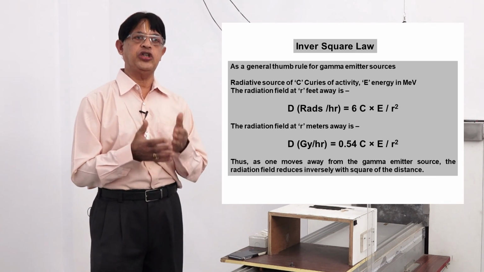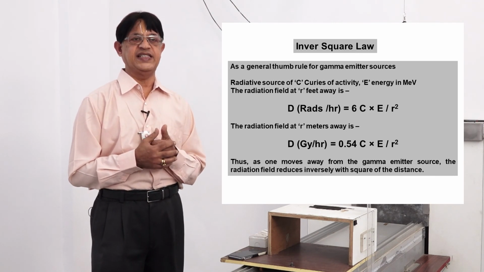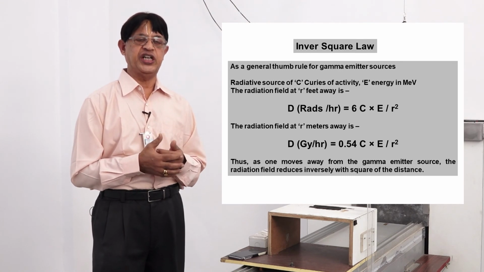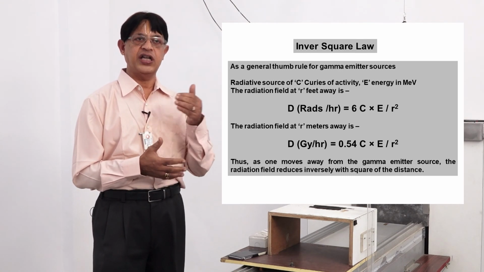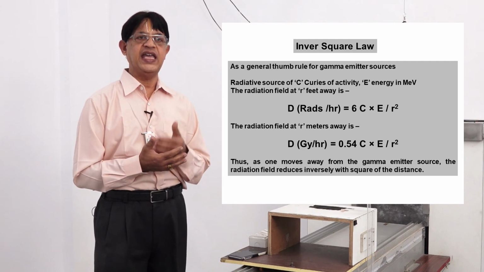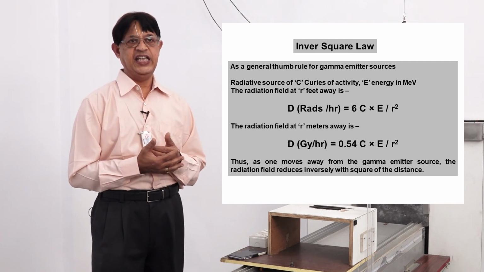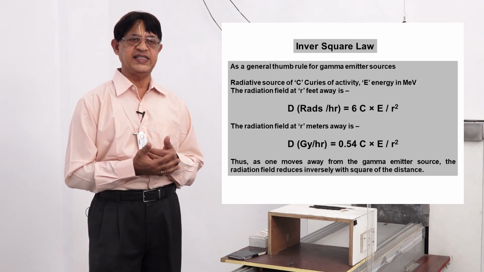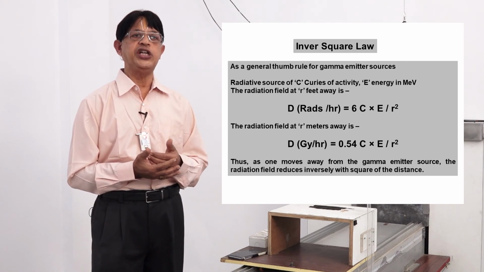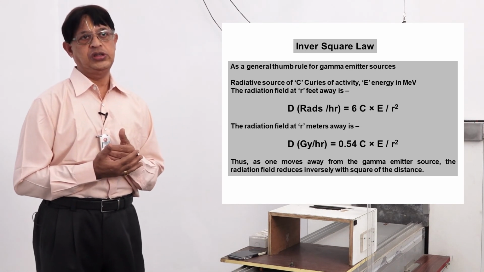But when we come to the third aspect, namely the distance, when I measure for a given activity and a given energy, as I increase the distance, the radiation field is going to get reduced.